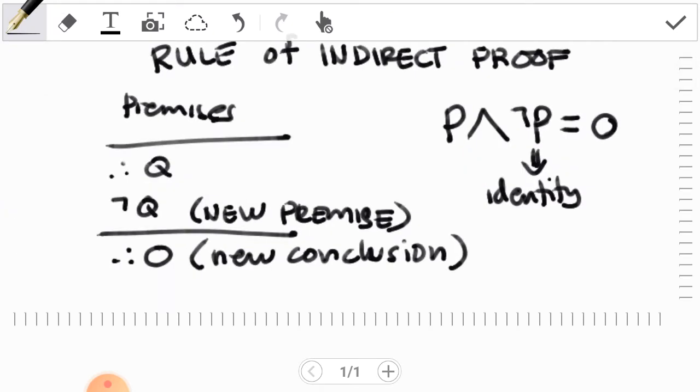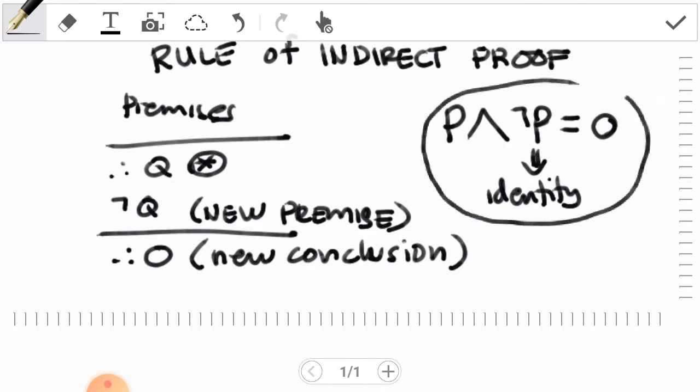For the rule of indirect proof, whenever a conclusion is given, what we will simply do is negate the conclusion, making it a new premise. Then our new conclusion will become our false value 0. And our goal is, somewhere along the proof, we must find two propositions, not necessarily single propositions.